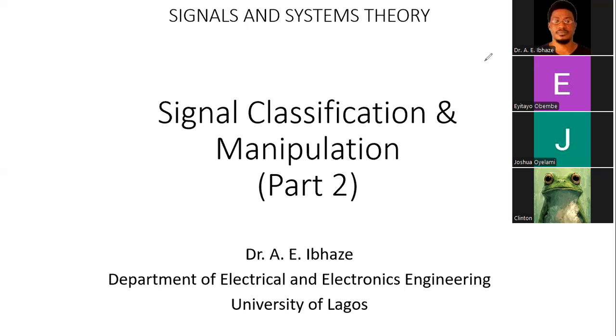We reviewed signal classification last time, and this time we'll be looking at signal manipulation. In our last class, we were able to classify quite a number of signals and equally played with specific applications. We made mention of the realization of real-valued signals, discrete Fourier transform and fast Fourier transform optimization, and linear phase filters using conjugate symmetric signals.